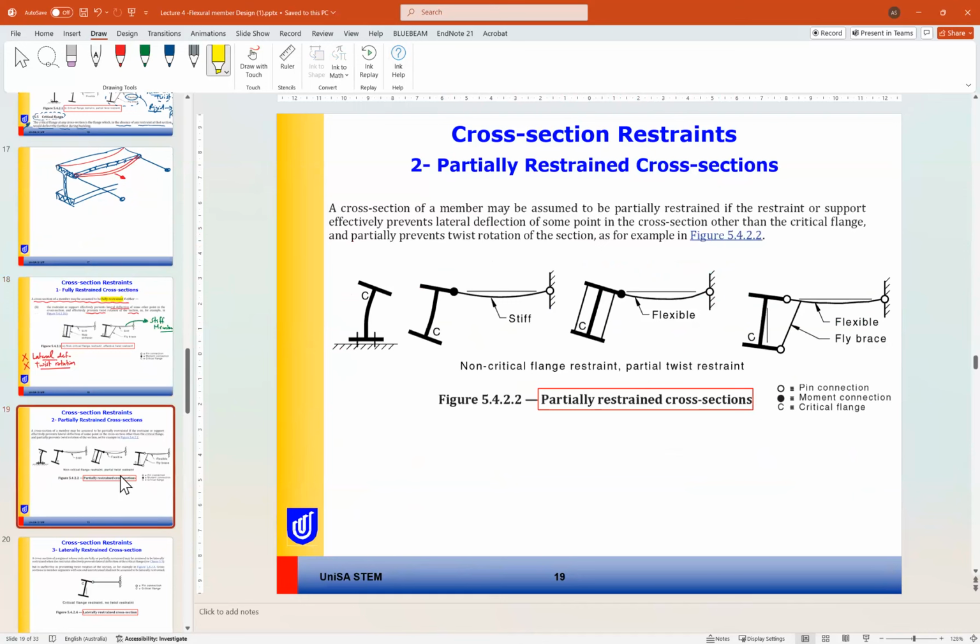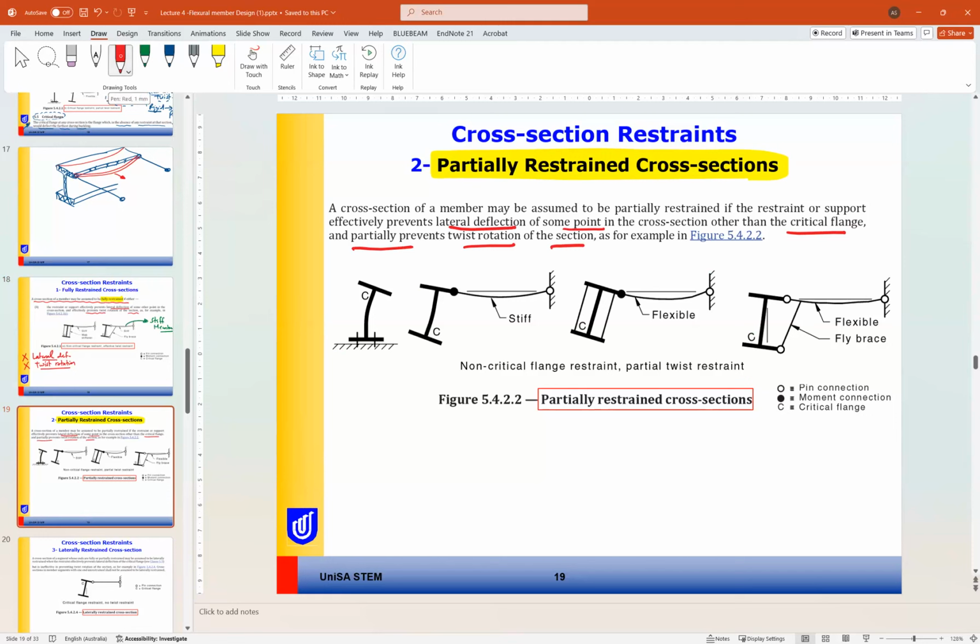For the laterally partially restrained, number 2, the member can be partially restrained. In this case, a cross section may be assumed partially restrained if the restraint or the support effectively prevents lateral deflection of some points in the cross section other than the critical flange, and partially prevents the twist rotation of the section.